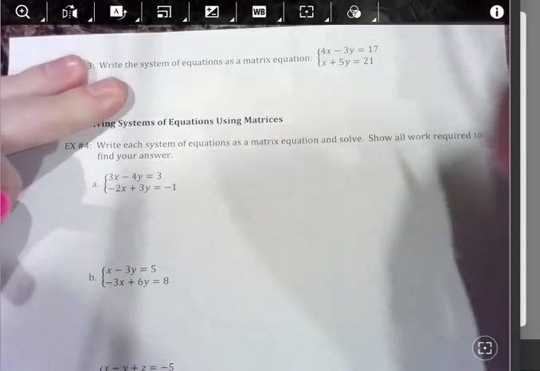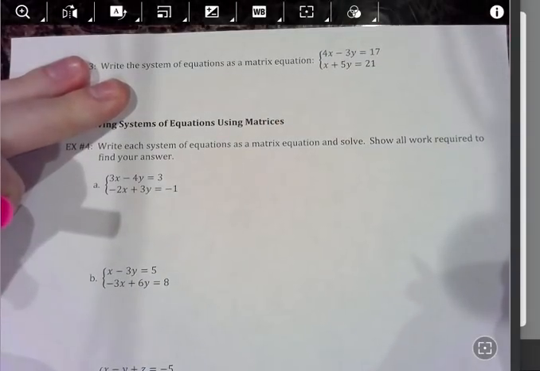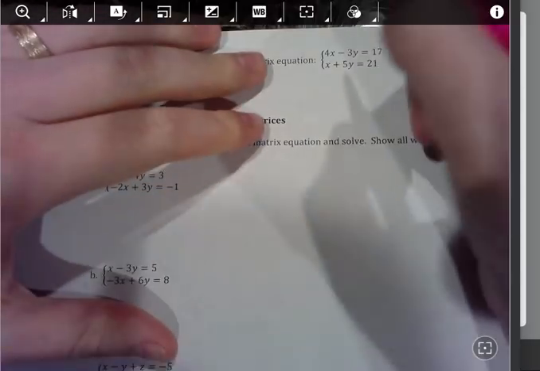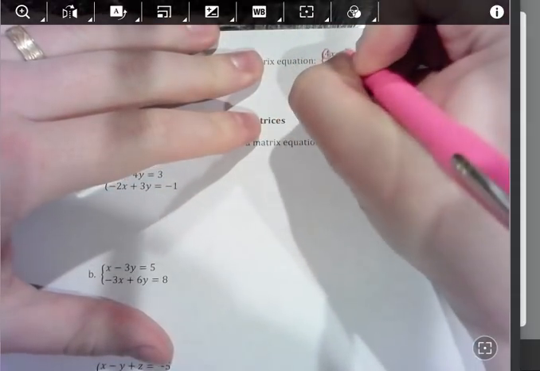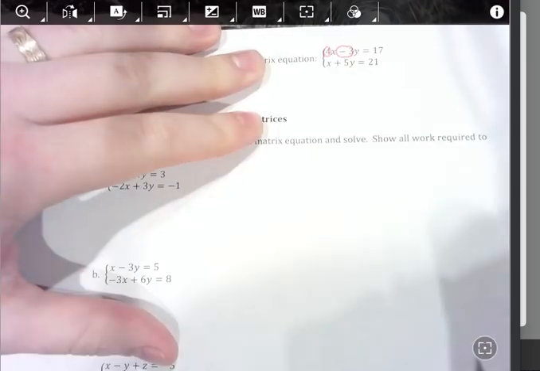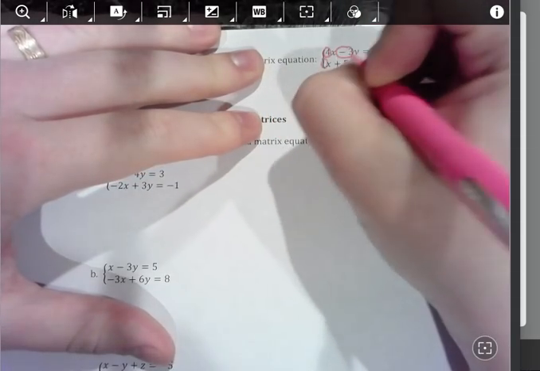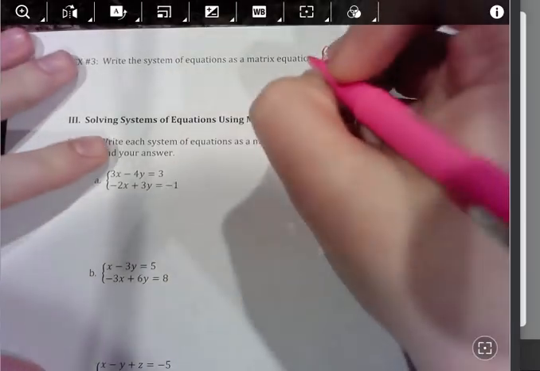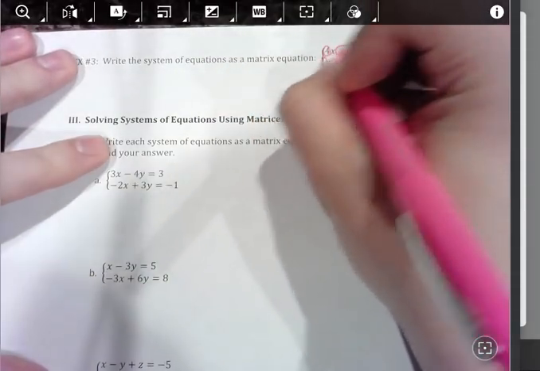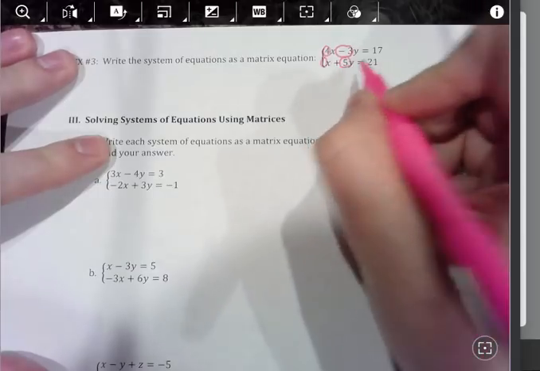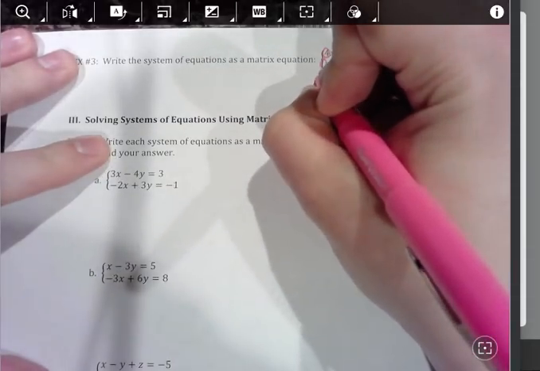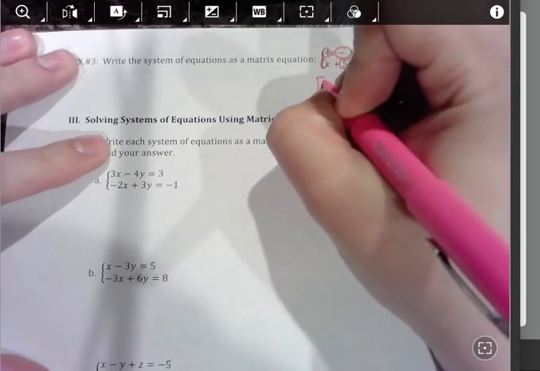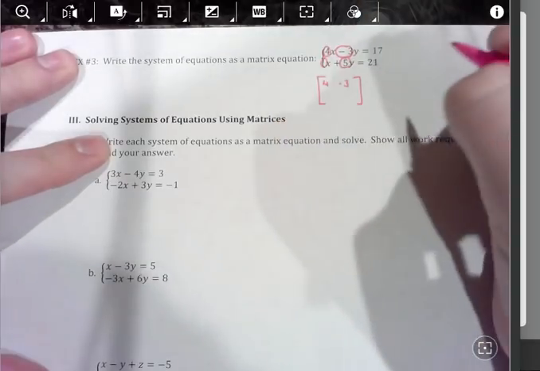So remember, try to do this one without me. See if you can go backwards with it. If not, then listen to my help. Those coefficients, those numbers there, remember that's just your first matrix, in this case 2 by 2 because you have two equations and two variables. So that means that your first matrix is just going to have 4, negative 3 in the top row.